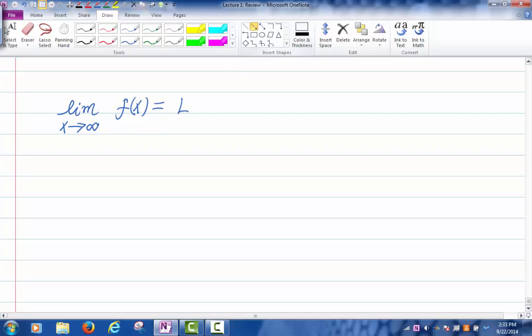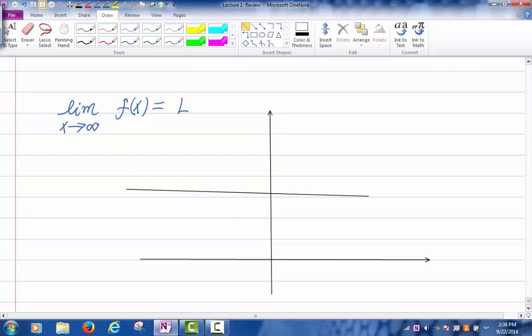Well, let's make some axes here. And let's say the number L is at this height. So let's say this is the line y equals L. That means the height of this line is at L, assuming that L is positive, of course.